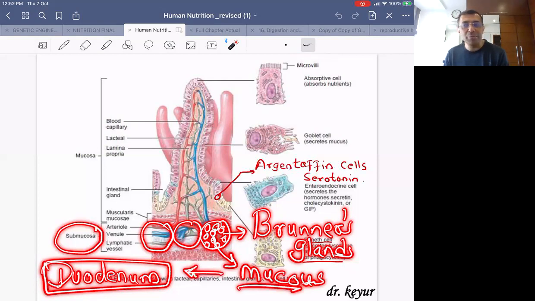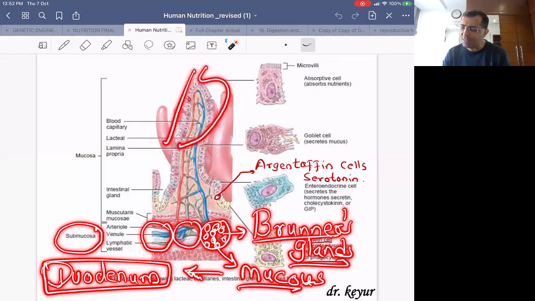And with the help of bicarbonates, your duodenum becomes alkaline. Now, why is this Brunner's gland so vital, sir? Sir, if you remember, a lot of hydrochloric acid is secreted in your stomach, and the pH of the stomach is highly acidic.